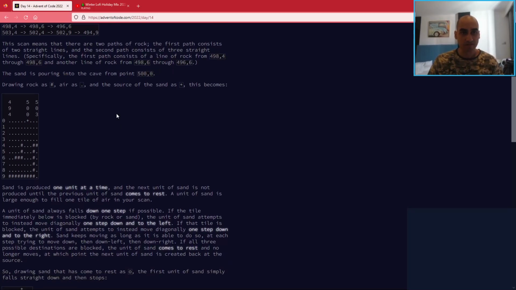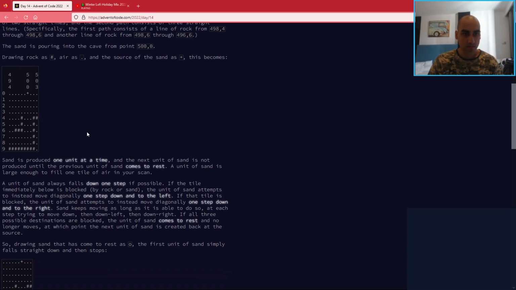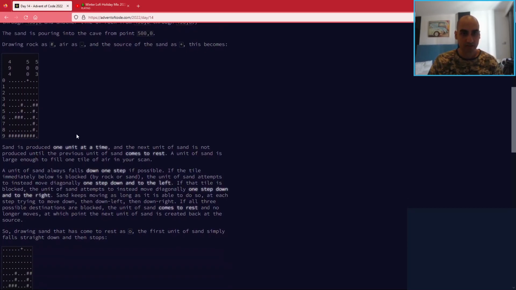Sand is pouring into the cave from point 500. Okay. Rock, air, and sand. Sand is produced 1 unit at a time, and the next unit of sand is not produced until the previous unit of sand comes to rest. A unit of sand is large enough to fill 1 tile of air in your scan.